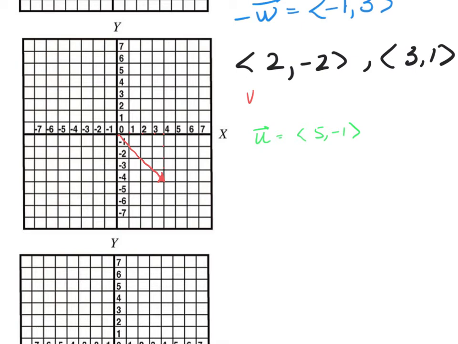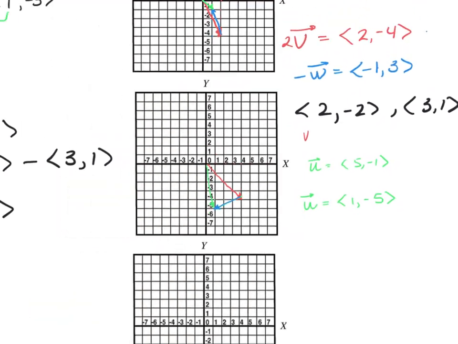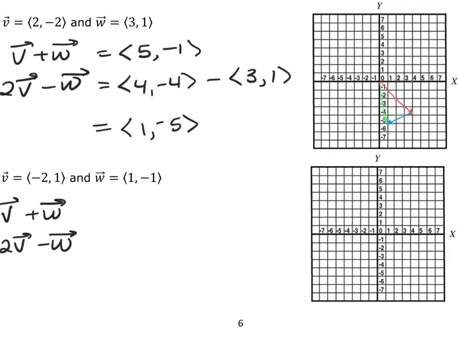From here, because I'm doing a subtraction now, I'm going to go left 3. So 1, 2, 3, and down 1. Actually, I should have done that in blue. My resulting vector is this. And my resulting vector for this one then is a positive 1 and a negative 5, which is what I got there.